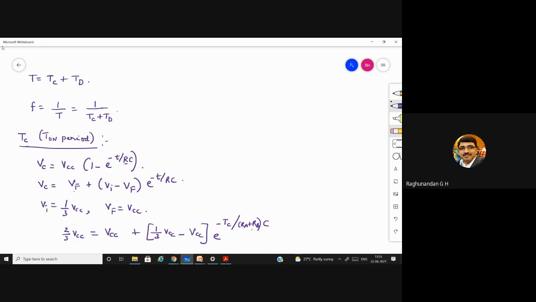After this, we simplify by shifting terms to the other side. So we get minus 1 by 3 Vcc equal to minus 2 by 3 Vcc into e to the power of Tc by (Ra plus Rb) into C.